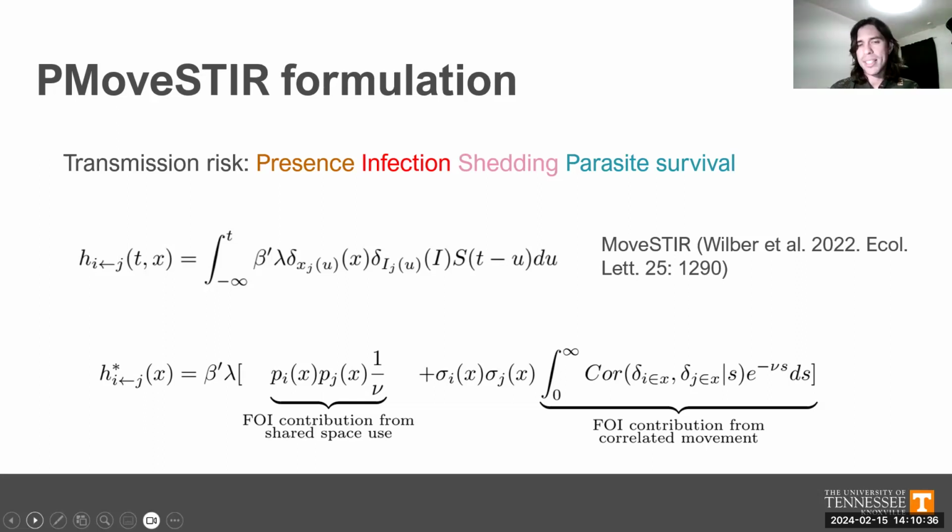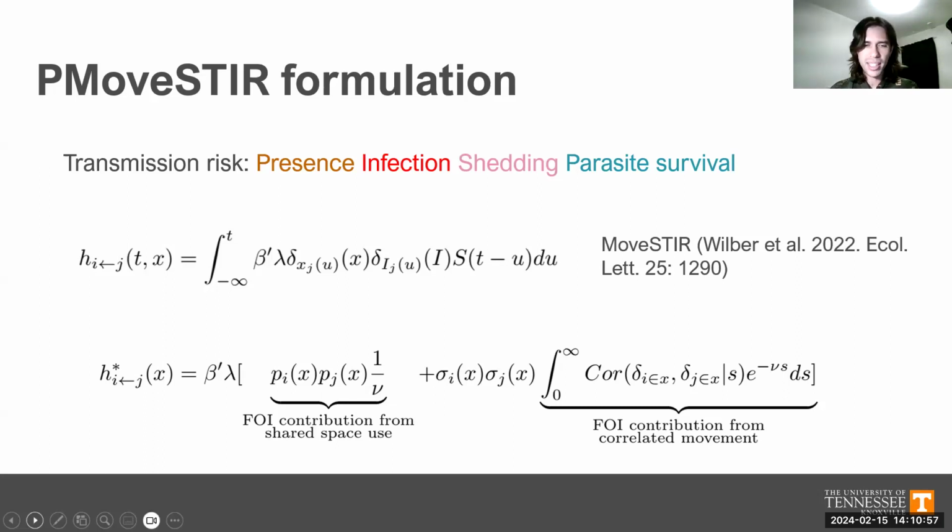However, as I said, with animal movement data, you can obtain a probabilistic expression of where animals could be. So we take advantage of that and calculate instead an expected force of infection based on the probability that animals will be at a certain location at any point in time.